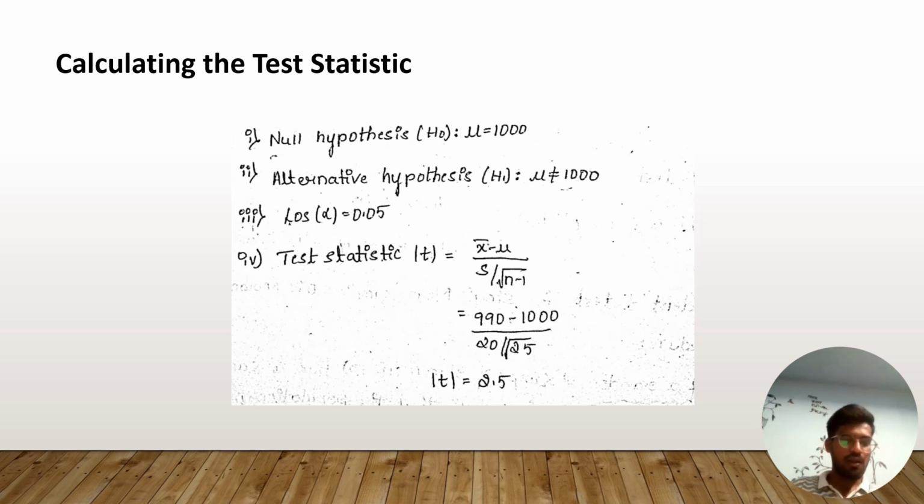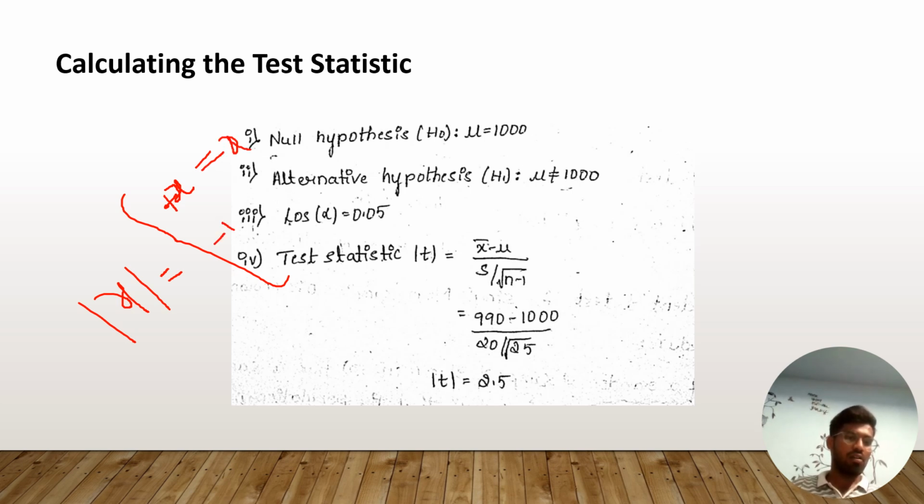For example, the modulus of x is defined piecewise: x when x is greater than or equal to 0, and minus x when x is less than 0. This is the property of modulus x.